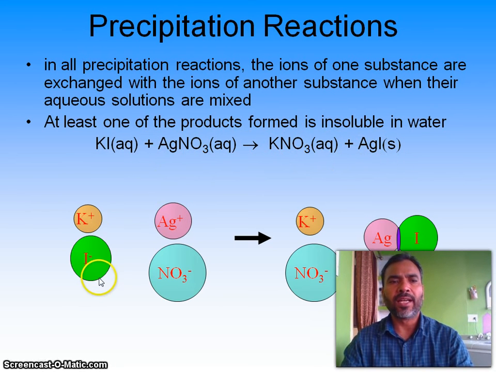This is the pictorial diagram: K plus, I minus, Ag plus, nitrate, and then what happened? A change occurs: silver iodide and K plus nitrate, and this is solid. So this indicates a reaction occurs, and silver nitrate is converted to silver iodide.